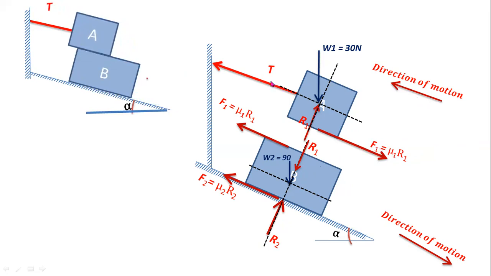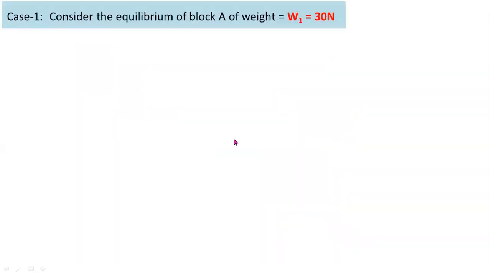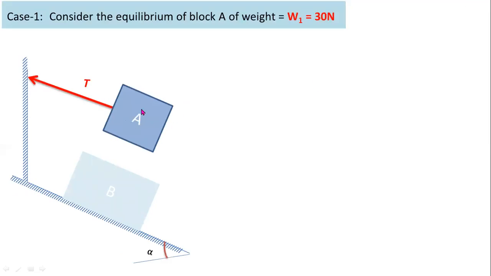Now here T is the tension in the string. In case 1, you have to consider the free body diagram of block A, that is the 30 newton block.